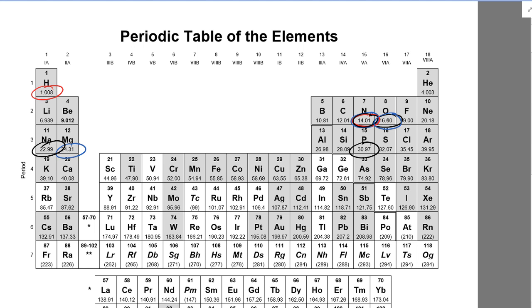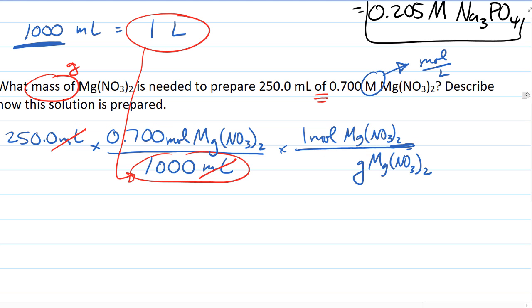So 24.31 plus 2 nitrogens plus 6 oxygens. Do you get 148.33? Yes, okay. So we put in the 148.33 here. I have a question.